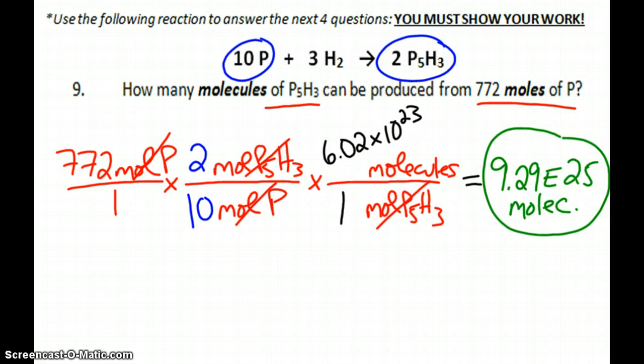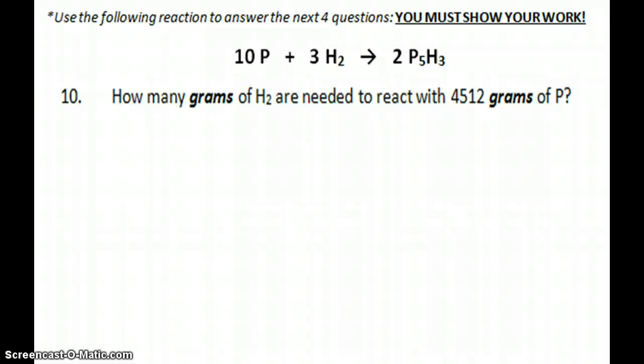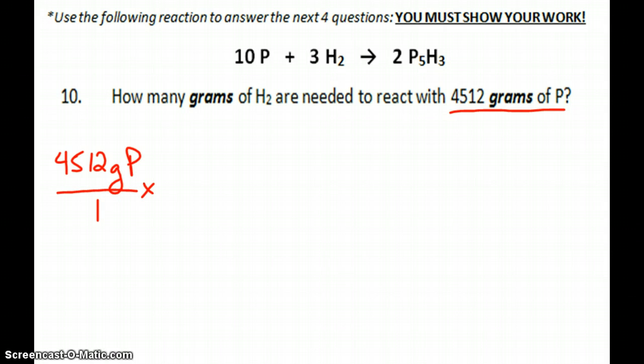All right. The last question there is our good old buddy mass. So I'm starting with 4,512 grams of phosphorus. Immediately I put grams of phosphorus down here, and I'm going to change that to moles of phosphorus using the periodic table.